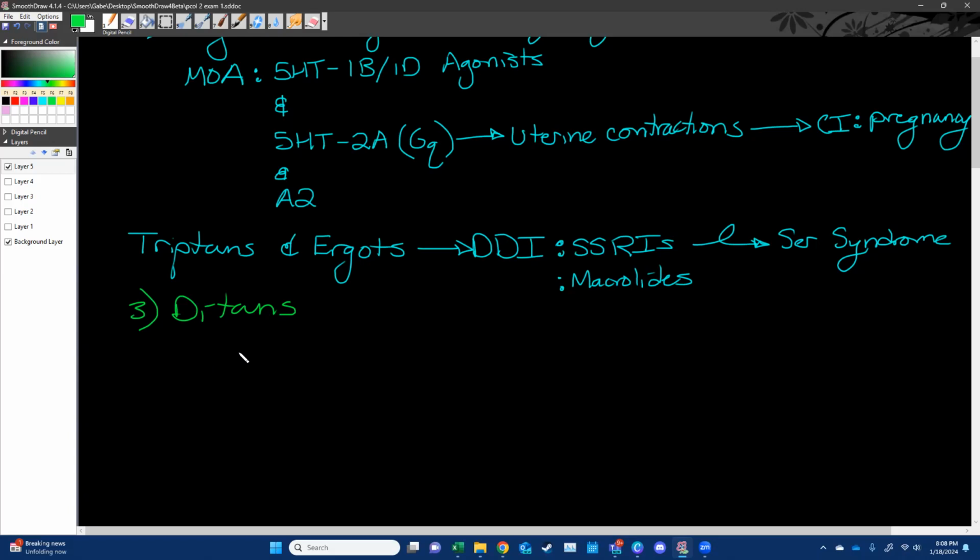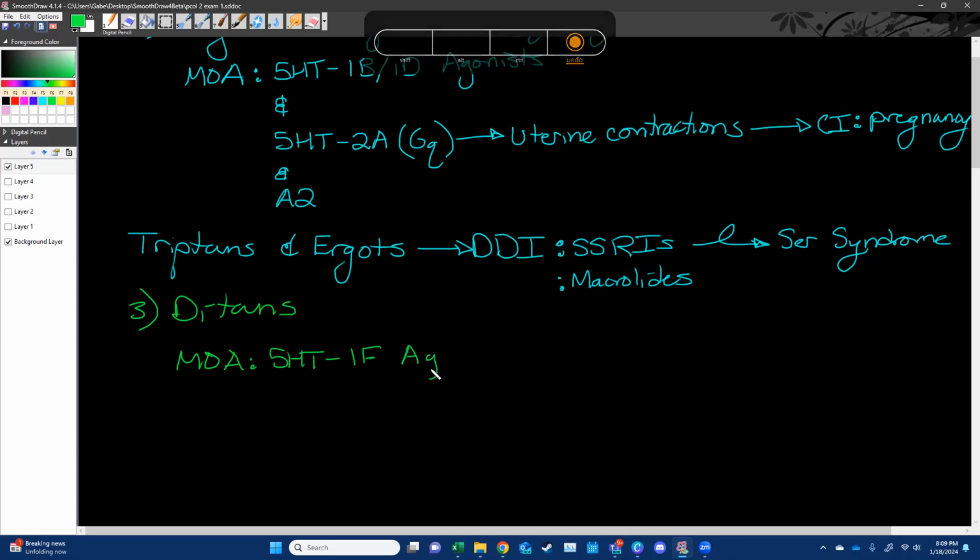The ditans, like lasmoditan, which I think is Reyvow, and I think only the brand name is available. The mechanism is that it is a 5-HT1F agonist. And similar to what's going on with 1B, this 5-HT1F is found in the base of the brain.